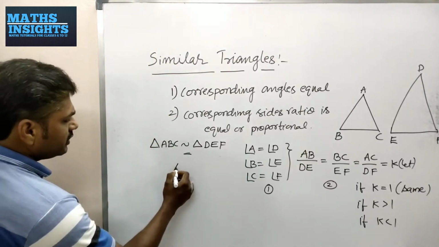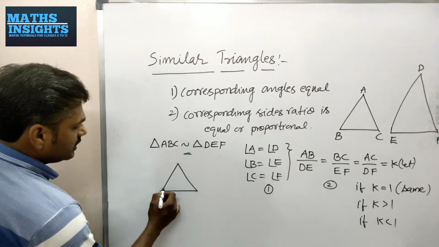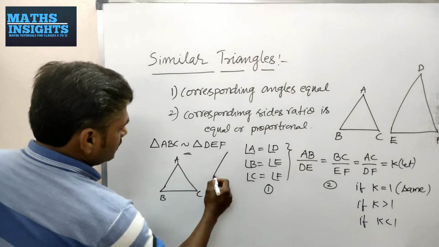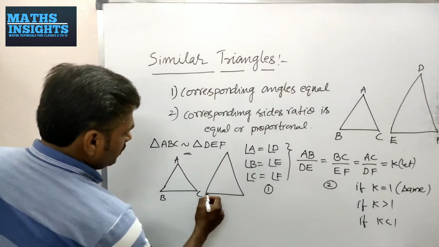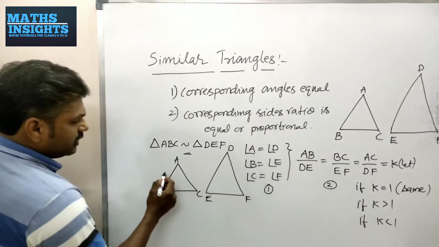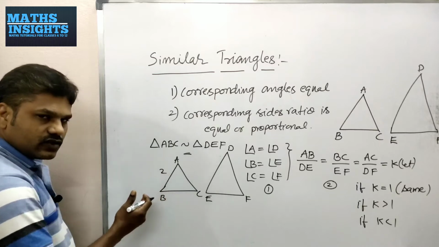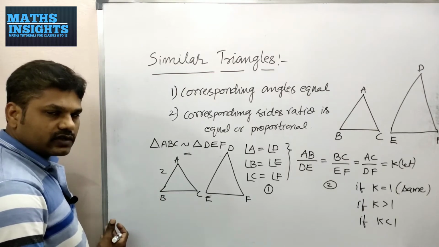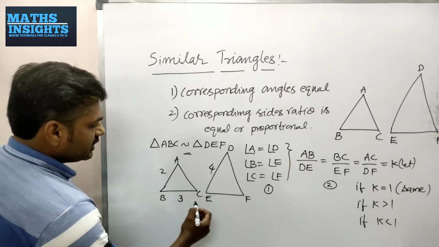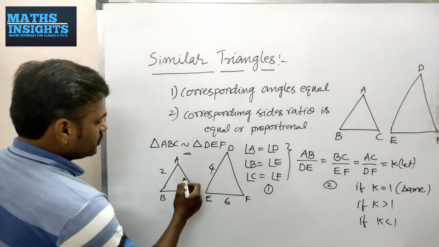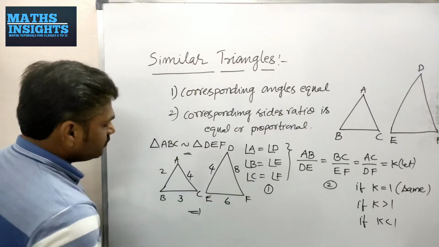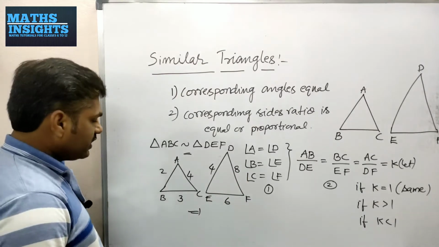Suppose this is triangle ABC, and the second one, let it be DEF. Let the length of this side be 2 centimeters or 2 meters, whatever it may be. Let it be 4. If it is 3, this is 6, suppose, and this is 4, this is 8. Then I am taking the ratio of the corresponding sides.